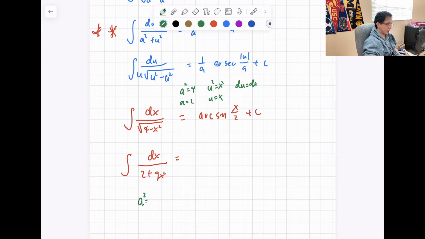A squared is equal to what? No. What did you get for 2? A is equal to root 2, right? U squared is equal to 9x squared, right? What is U? 3x. Now, do you forget this? Like, how many times have you forgotten to do du?